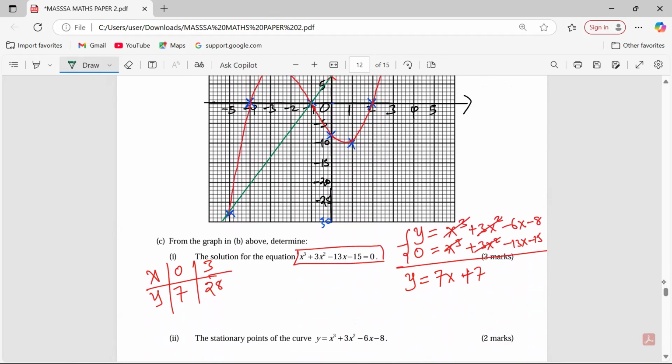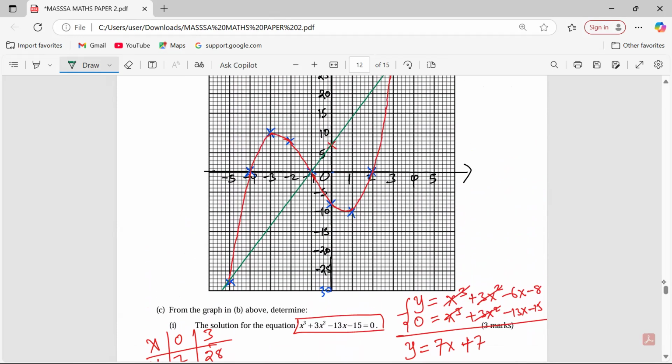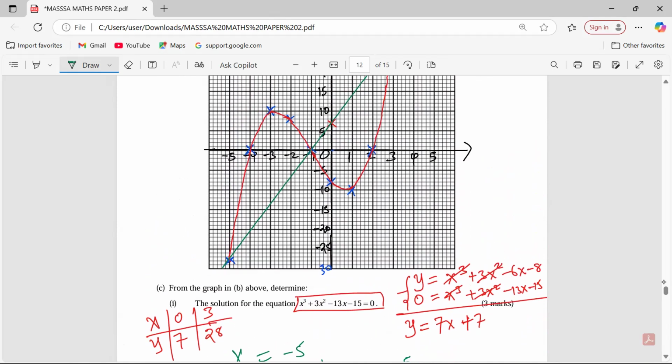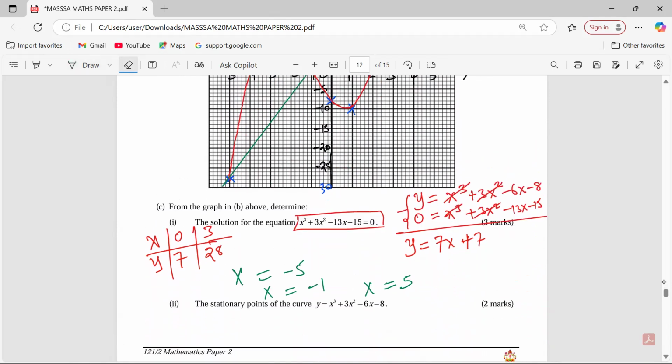The value of x shall also be negative 1 and also positive 3. So all the three roots of x are those ones. That's where it's cutting.